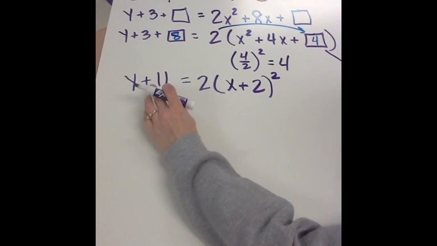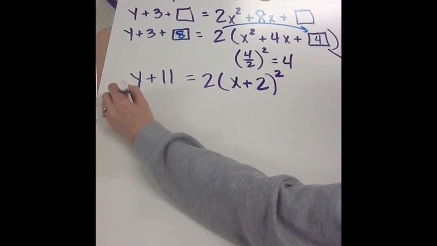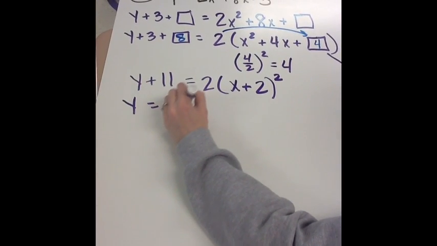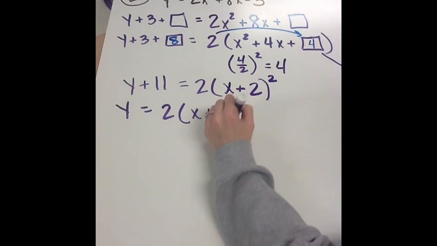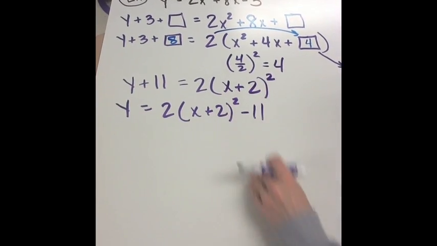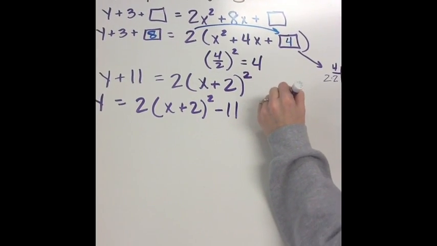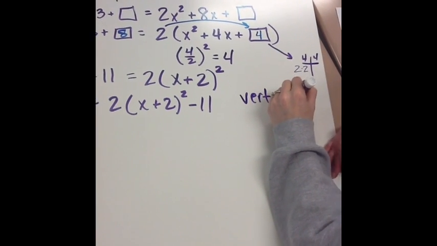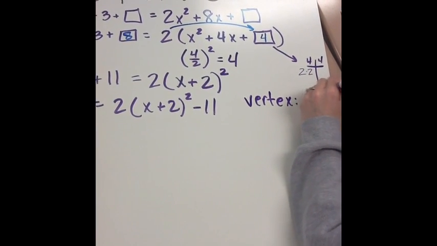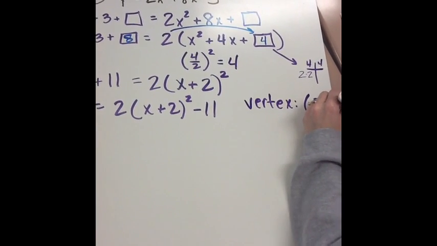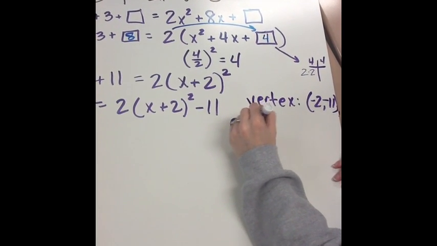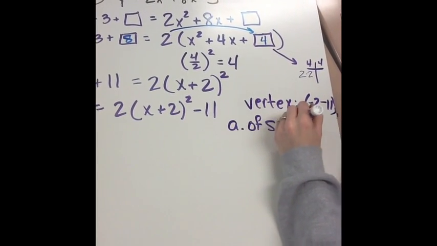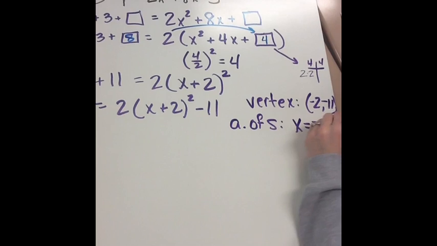Last step, we're going to move our new constant back over. y equals 2, parenthesis, x plus 2 squared, minus 11. My vertex then will be negative 2, negative 11, and the axis of symmetry is going to be x equals negative 2.